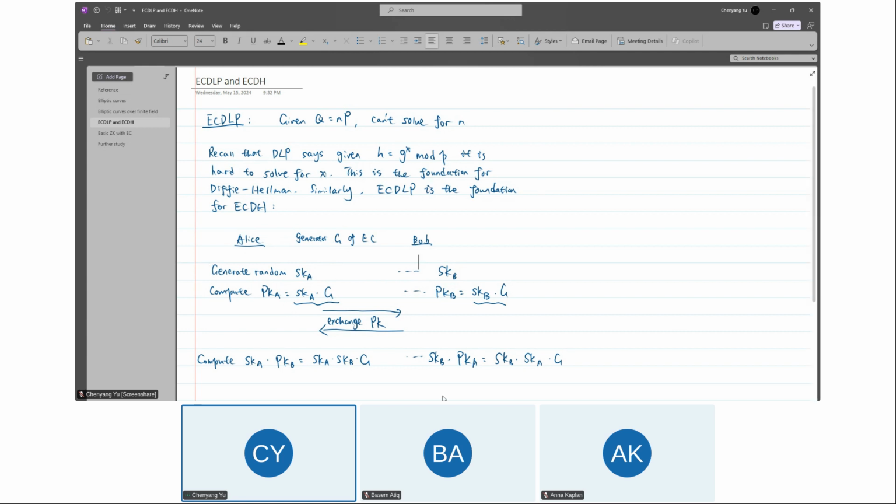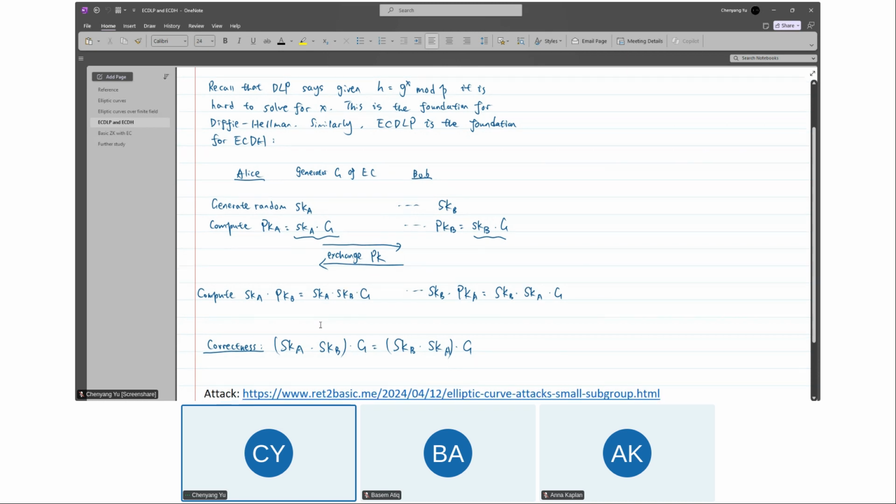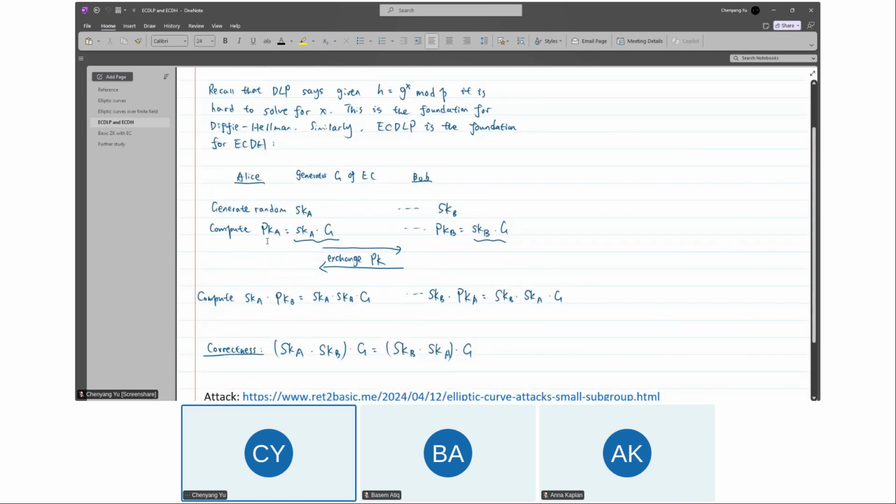Everything, of course, works in a finite field, so they have to define a common shared field modulus as well. No, I mean curve order, a shared curve order. So they exchange the public keys, and in the end, Alice has PKB, Bob has PKA, and what they do is multiply their secret key with the public data they got from the internet.